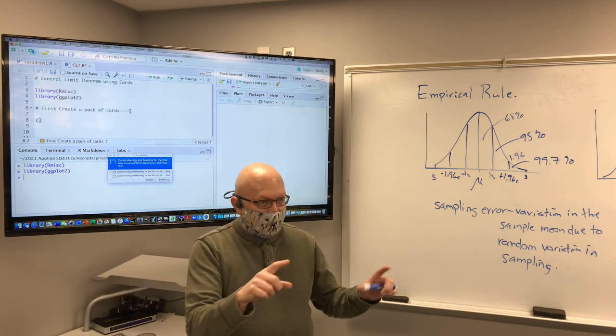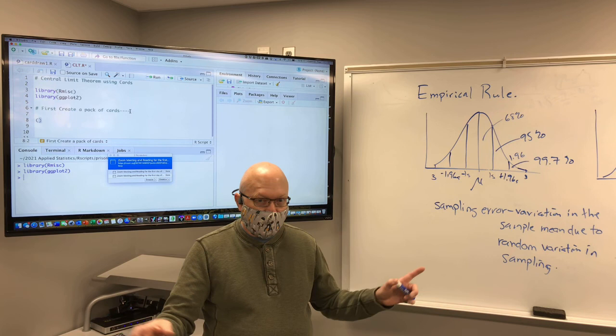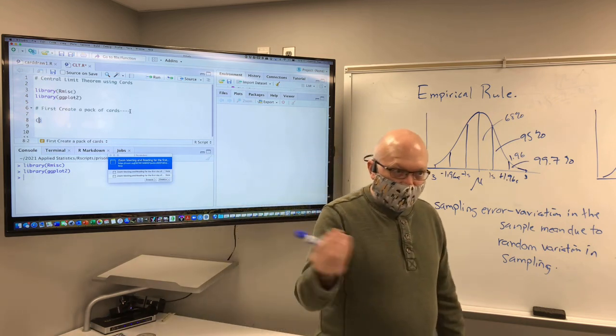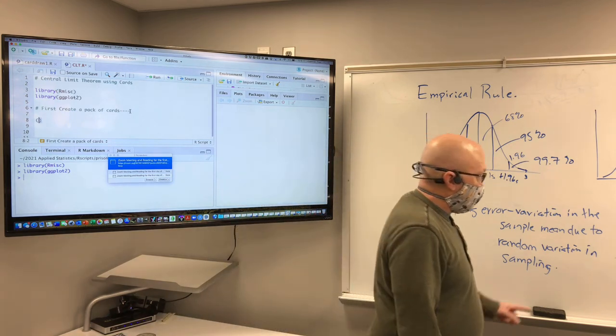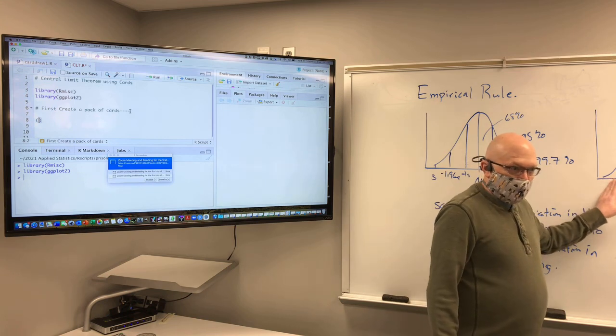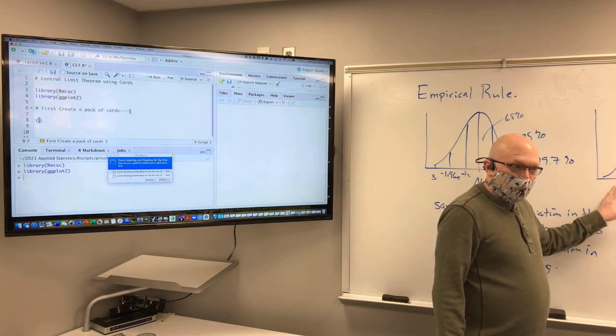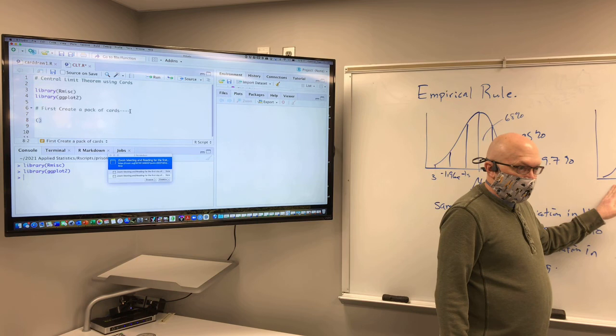Now, if we did that across a bunch of different colleges, we could get the averages for each college, put them into a distribution, and it would start to look like a normal curve when we got enough of them.